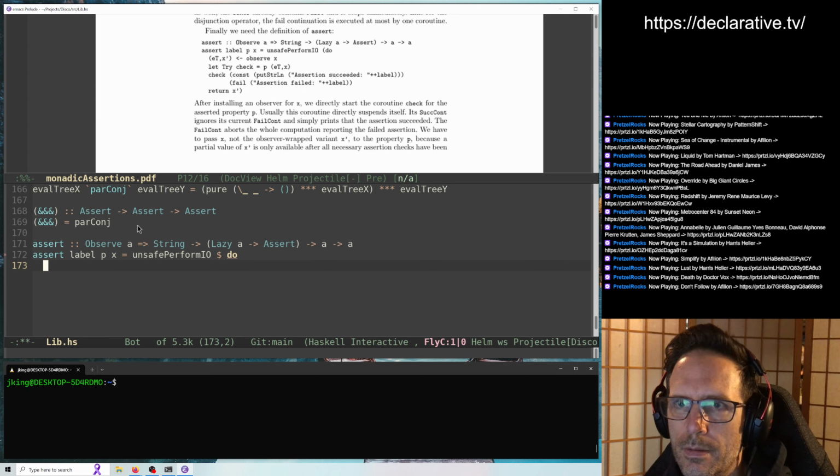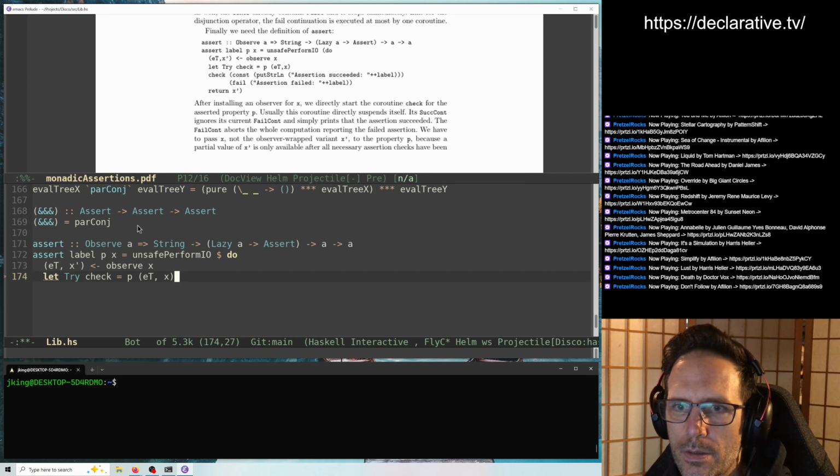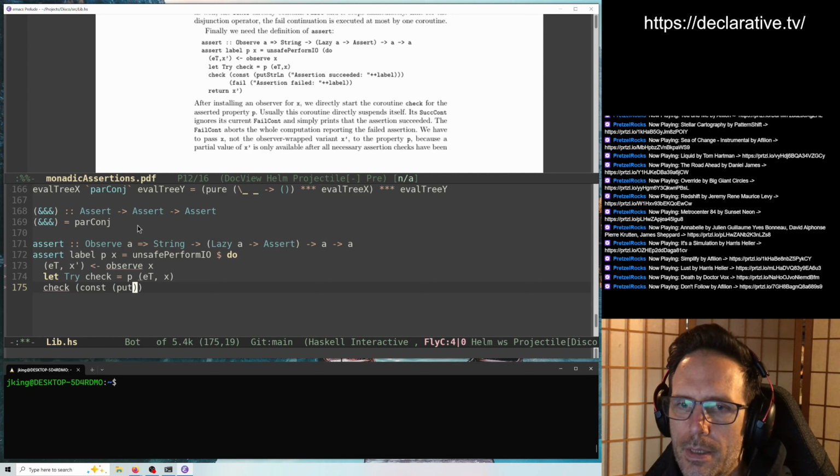Then we get the expression X prime here from observing X. Try and check P, ET, and X. No, X. Oh, okay. Check. I don't know if we've implemented that yet, but hopefully we have.